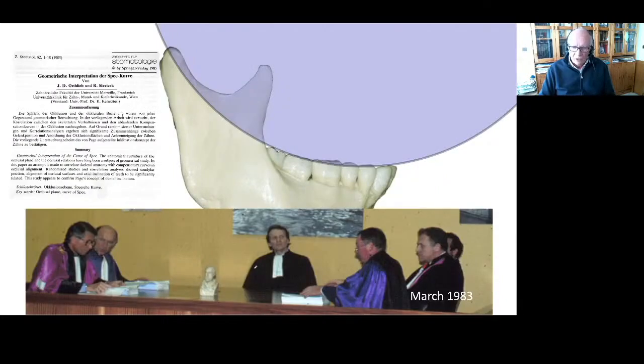I worked on this subject for many years. Here are the pictures in 1983, 40 years ago. And you see here Rudolf Slavicek. He was a member of my thesis jury, and I am here defending my thesis on the curve of Spee.